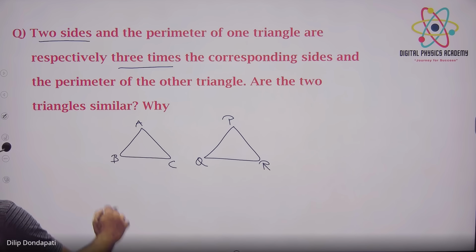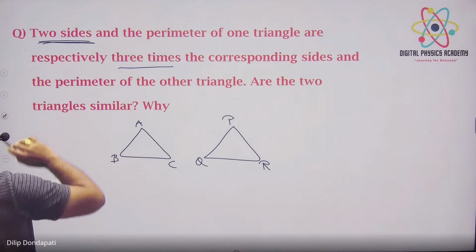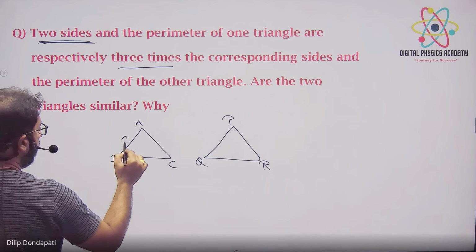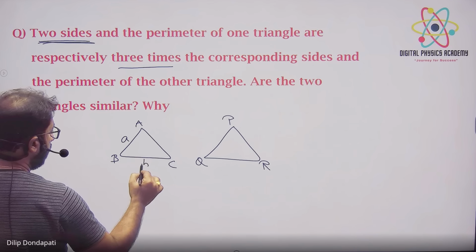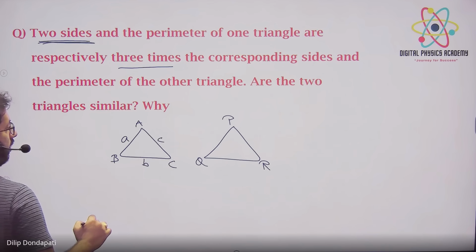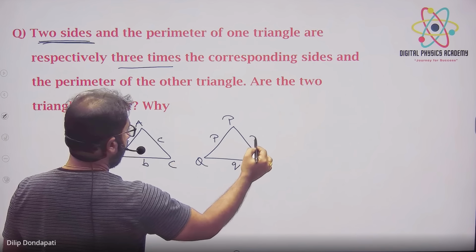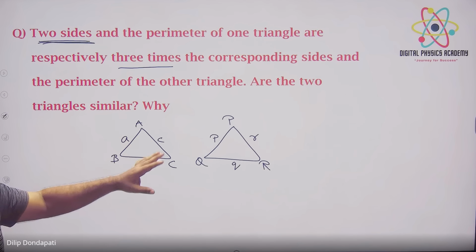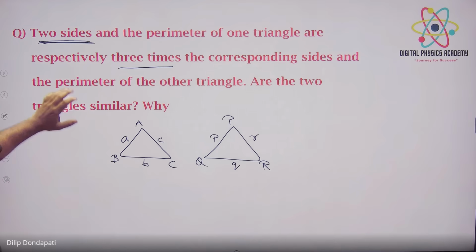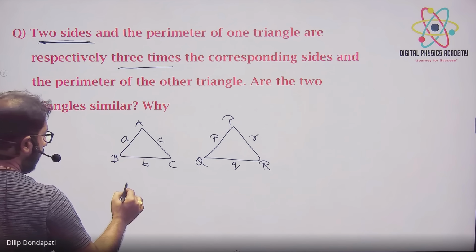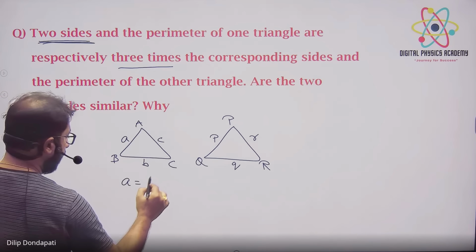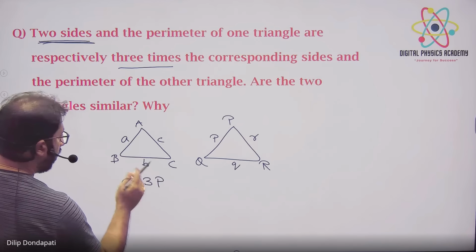See, he told only two sides are given. Suppose the sides are a, b, c and the sides of the other triangle are p, q, r. What he told: two sides are 3 times the corresponding sides. Suppose only two sides. So a is 3 times p, 3 times its corresponding side.